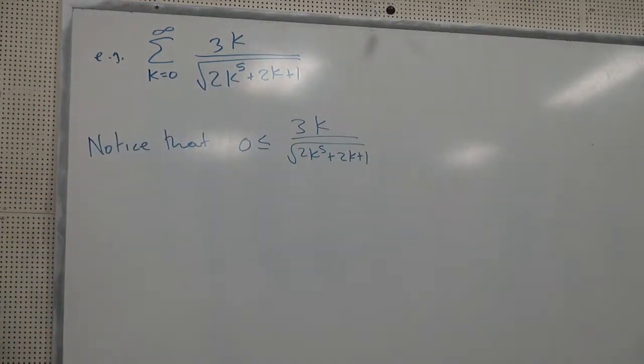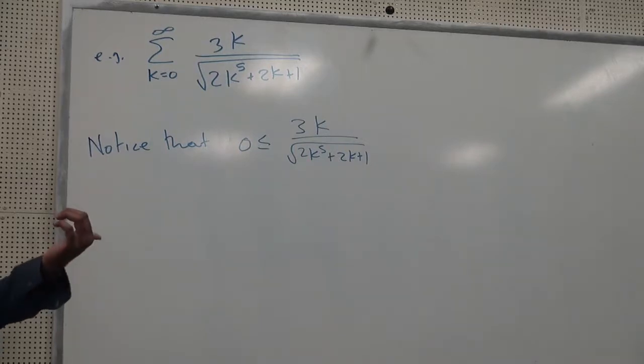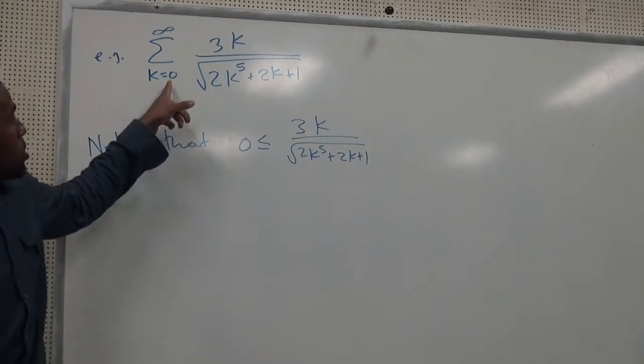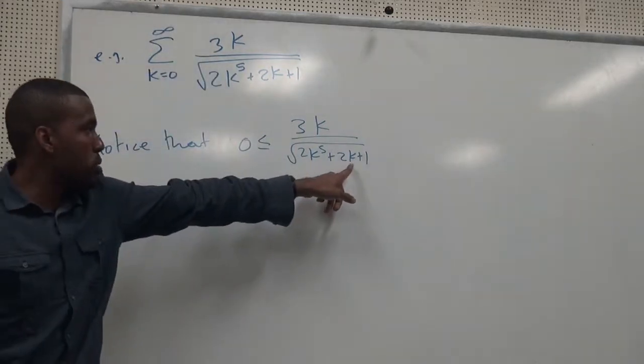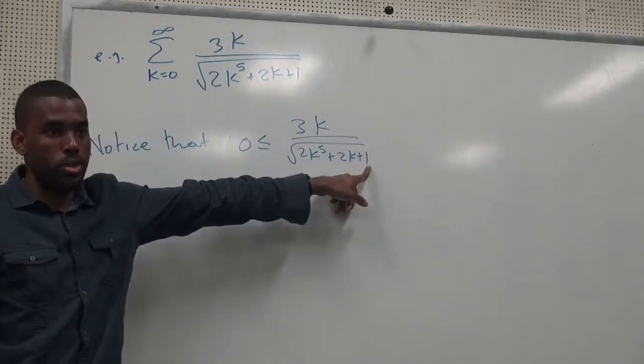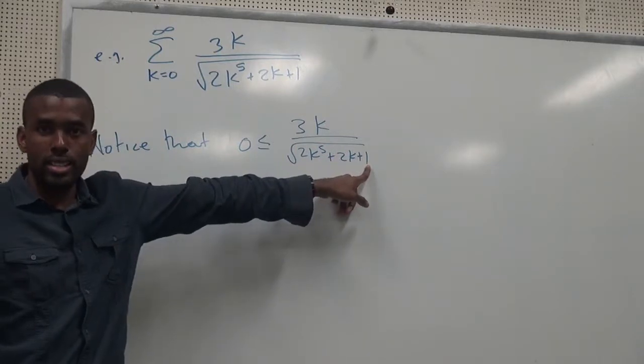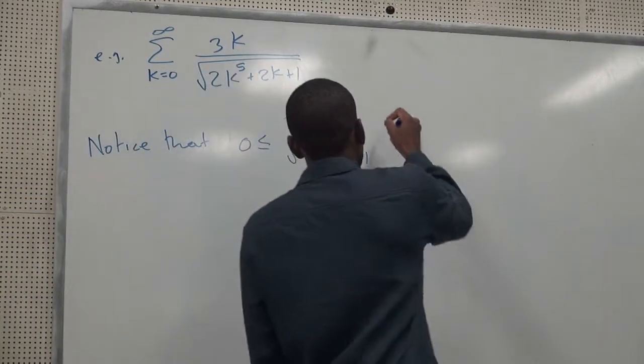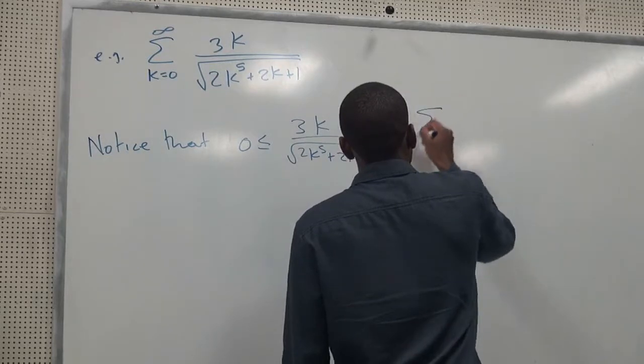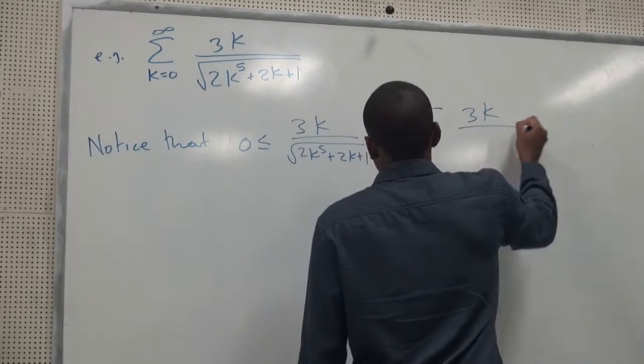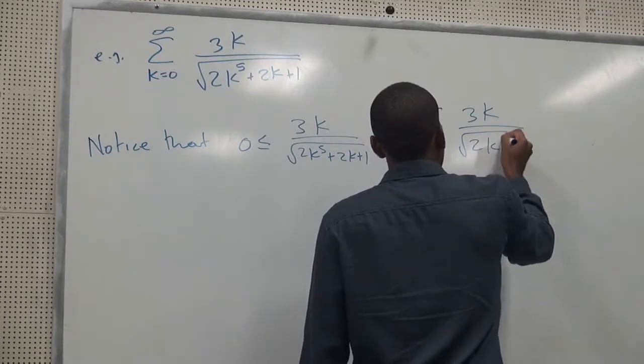Now if I make the denominator smaller in a fraction, the fraction gets bigger. k is 0 or positive, which means 2k plus 1 is always positive. So if I remove that, I get something smaller in the denominator, so this is actually less than or equal to 3k over 3 to the k.